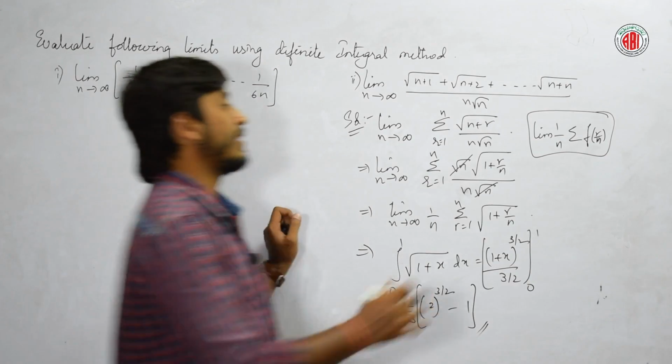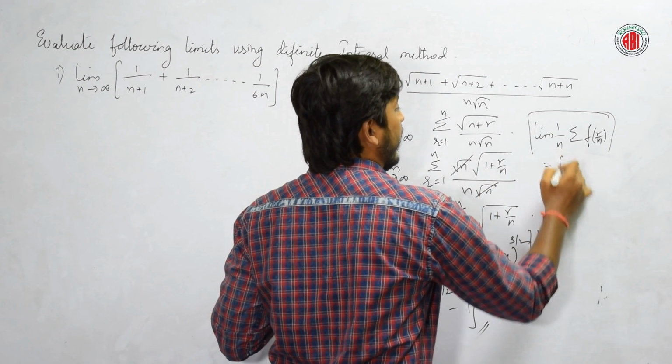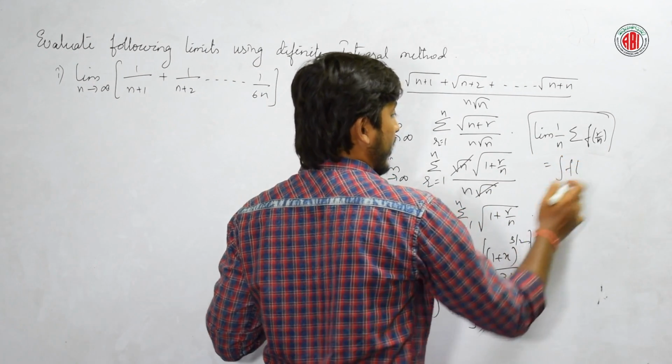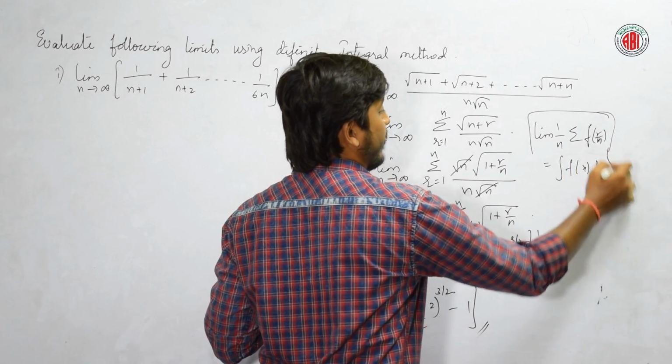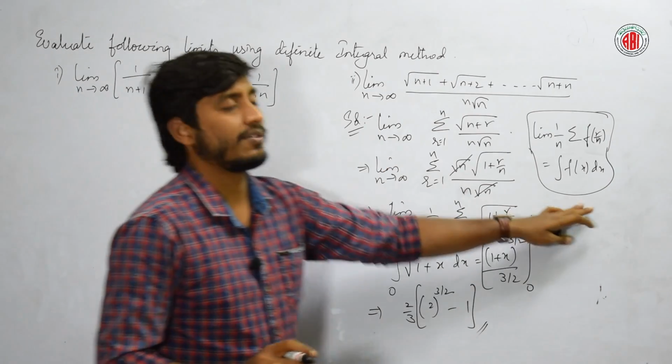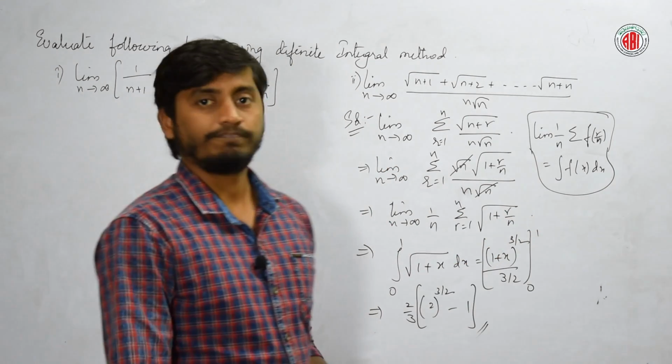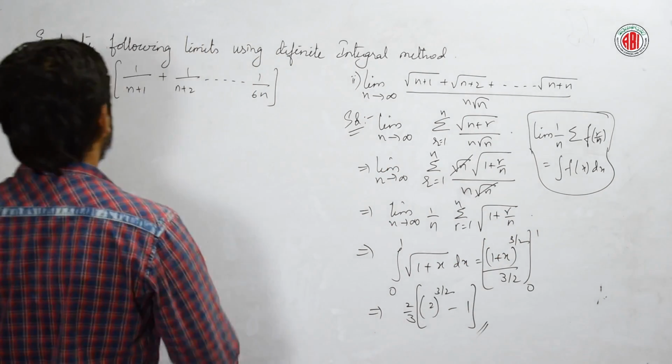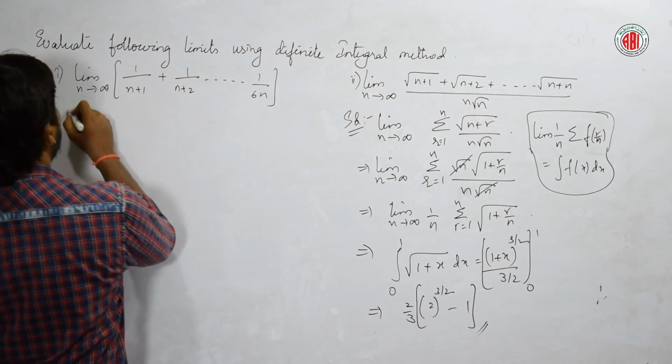That is nothing but integral f of x dx for a particular limit. That is a generalized form, it is not fixed, but we can use it in that form. Clear?